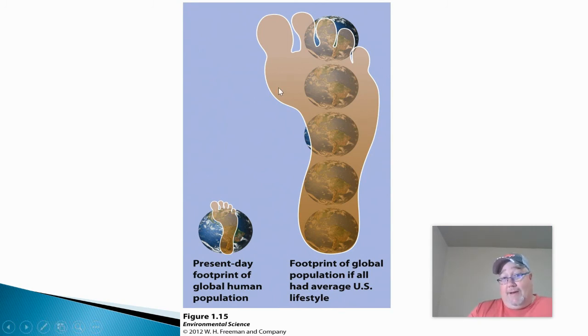Because if we did, we would need 5 Earths worth of land area, worth of resources just to accommodate us. So this year when we talk about sustainability and a lot of environmental problems on the planet, we have to look at ourselves because we are one of the biggest culprits when it comes to environmental problems.